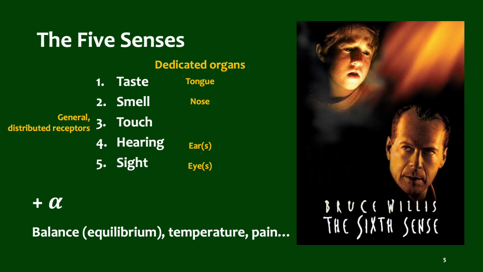Special senses have dedicated organs, so your tongue tastes, your nose smells, your ears hear, and your eyes see. And then there are some other non-main senses like balance or equilibrium, temperature, pain, etc.